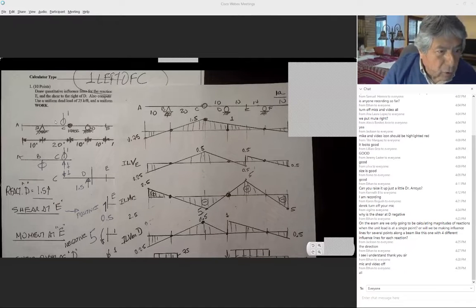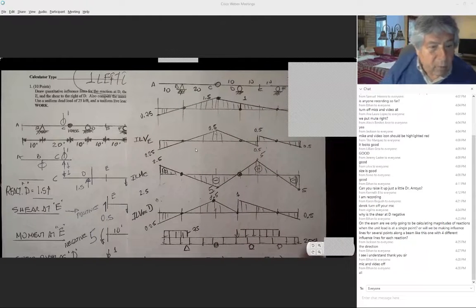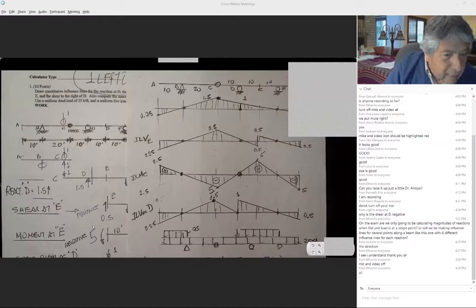When the unit load is at this location, what is the shear at E? The shear at E is 0.5 positive. I put in here 0.5. Look at the moment. The moment at E, negative 0.5. When the unit load is at C, sorry, the shear at E is 0.5.